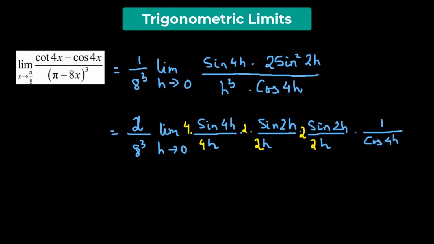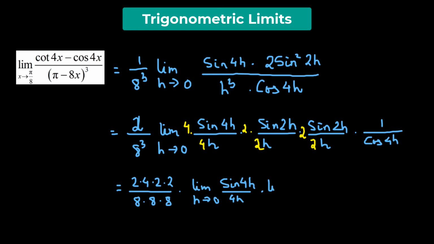Now we have 4 times 2 times 2 divided by 8 cubed, which is 8 times 8 times 8, times limit h approaching 0, sine 4h divided by 4h, times the limit h approaching 0, sine of 2h divided by 2h.